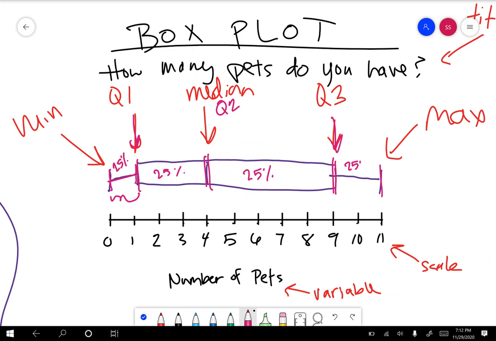The data right here we can see by the fact that it's a smaller section that more people have 0 to 1 pets, right? Rather than a higher number of pets, right? So more people have fewer pets, basically is what I was trying to say there in a very roundabout way. Okay. So there's our box plot.